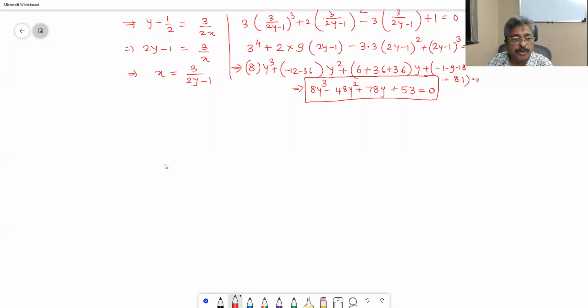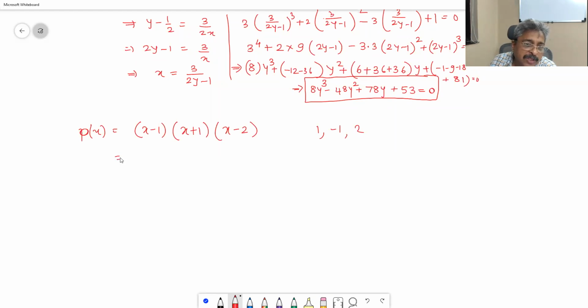Let me create a polynomial whose roots are x minus 1. So first root is 1, second root is x plus 1, minus 1, and x minus 2. This is our p of x, whose roots are 1, minus 1 and 2. Okay, what is this cubic?